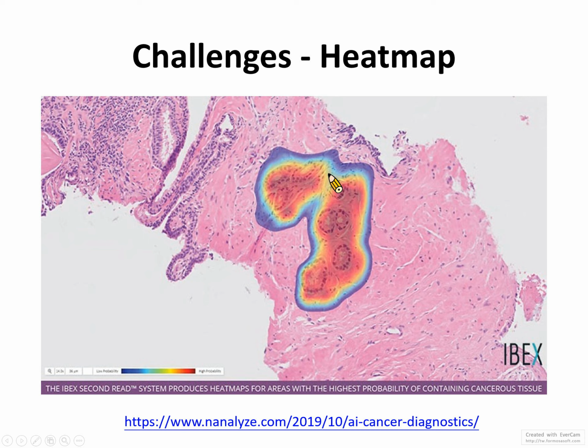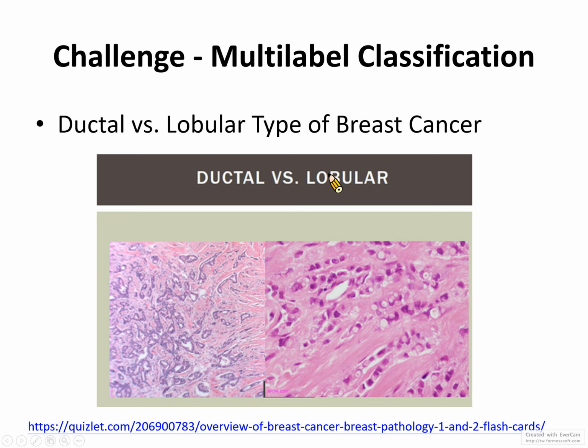Another challenge is that there are other types of breast cancer, for example the lobular type of breast cancer, and the morphology is different. So if you need to develop a practical AI algorithm, then you need an algorithm that can do multi-label classification.